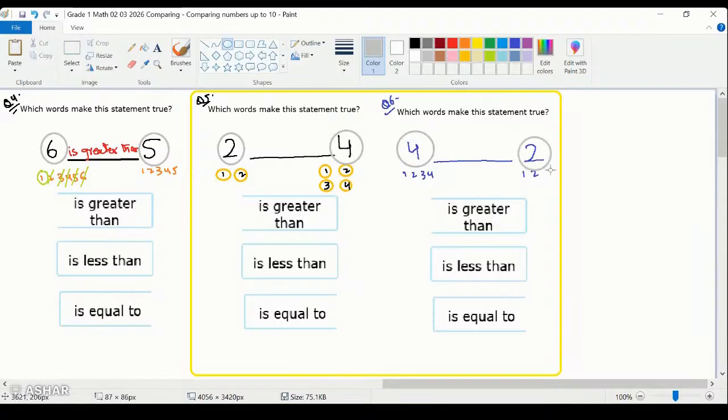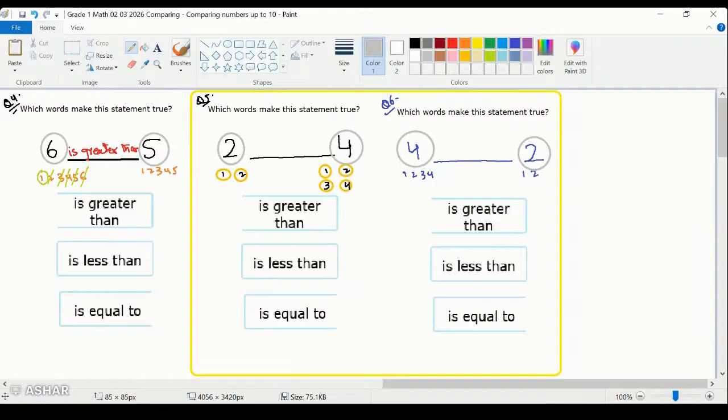The only difference is that in question number 5, 2 is written before 4, and in question number 6, we have 4, then 2. The positions of the numbers have been changed.